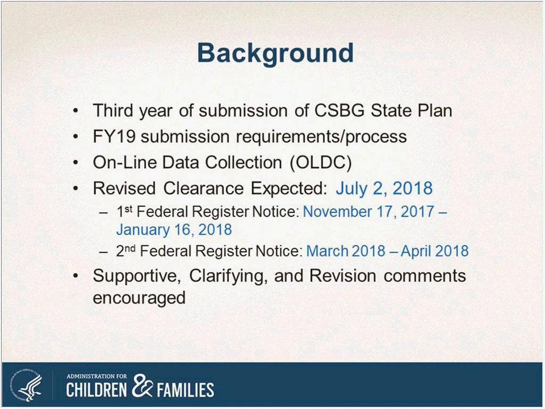There's also an opportunity for us to put in logic checks and things that will make the plan easier to use. So the next Federal Register notice will be sometime around the March to April timeframe, and we ask during that time for you to participate in that clearance process by submitting comments that are supportive, clarifying, or that will help us to make revisions to the plan.